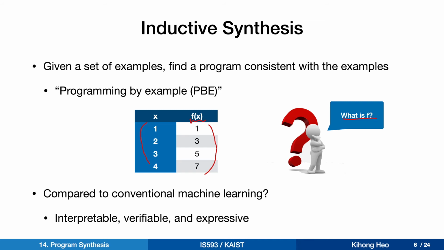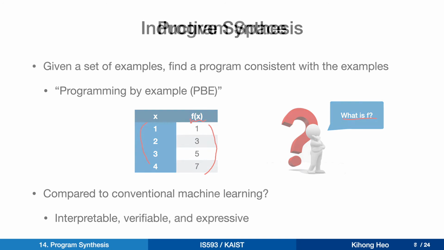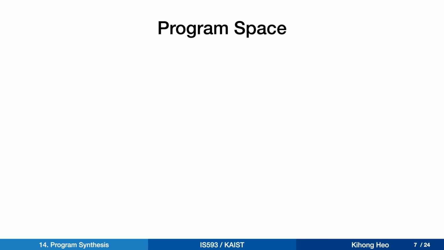They are also more verifiable using conventional static or dynamic analysis. And in general, they are more expressive because they can support many language features such as if conditions or while loops in general.